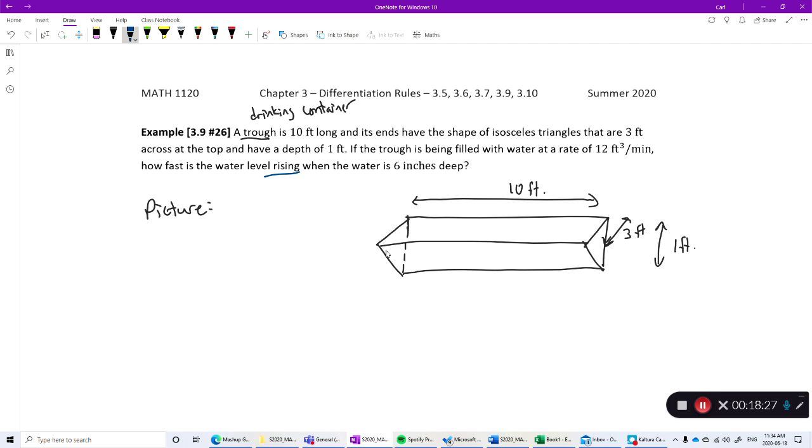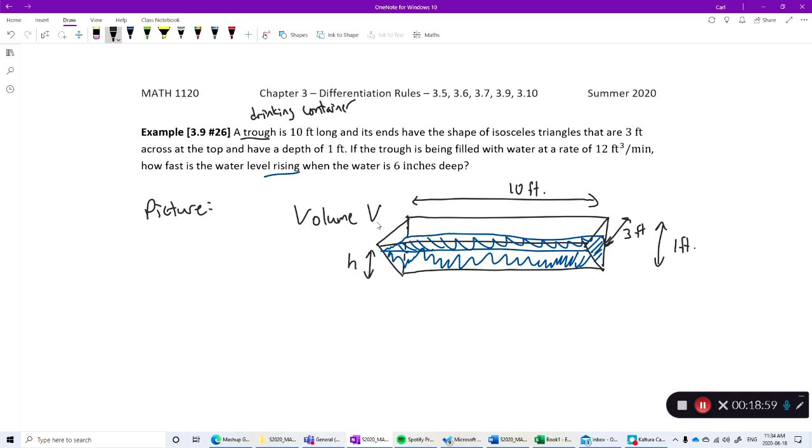So let's imagine now that there's actually water in this trough, filling it up to a certain height. So there's water filling this thing up. And the height of the water is, let's call it H for height. We also have the volume.